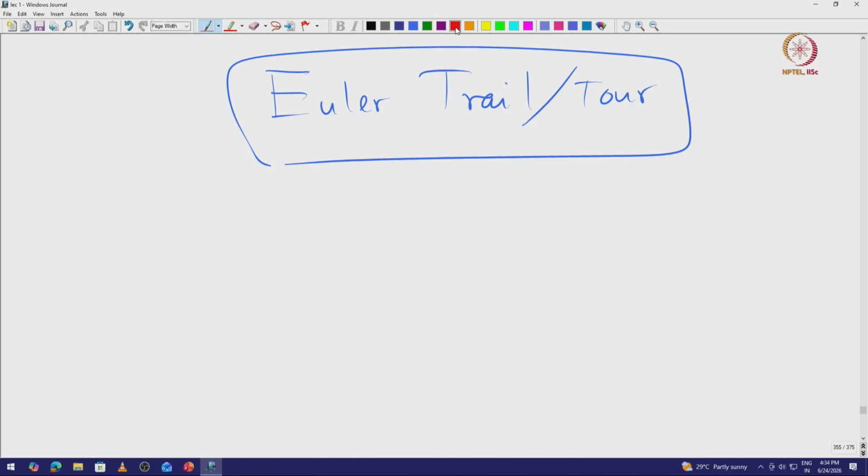A trail that traverses every edge of G is called an Euler trail of G. So, we have to go through all possible edges of G. Such a trail is called an Euler trail.